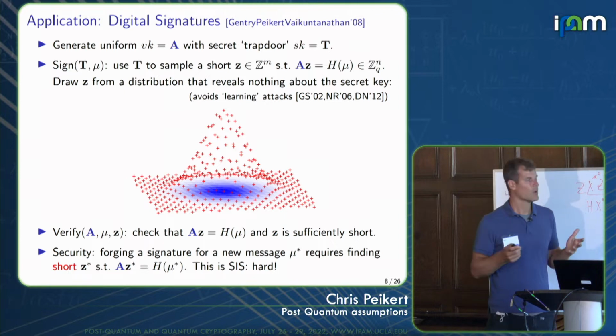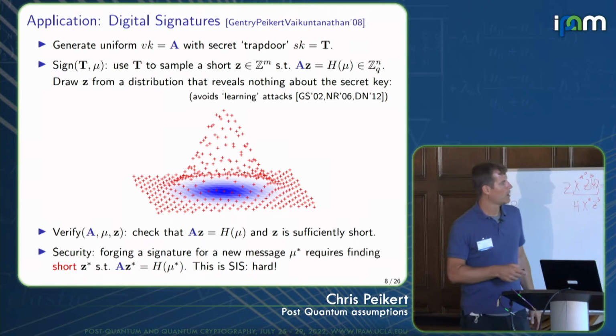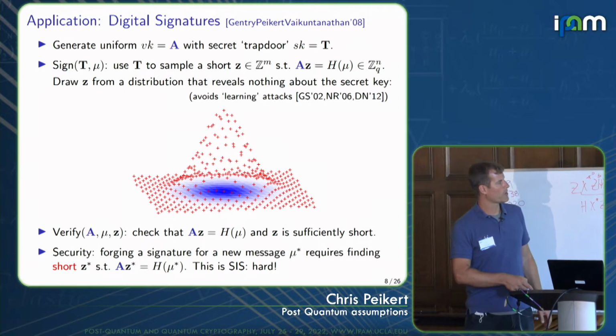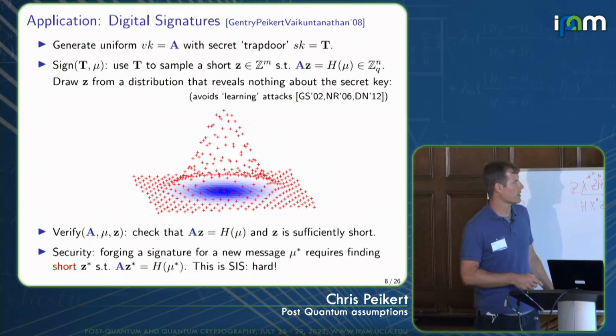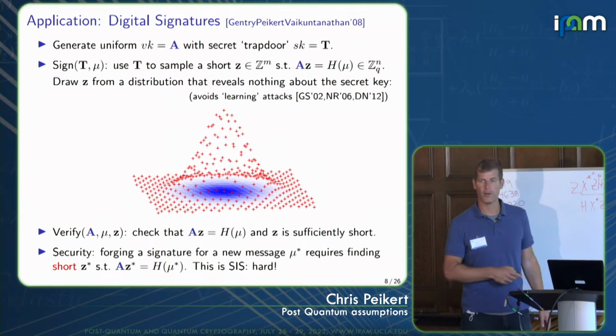Okay? So what do you have to do? Well, whatever your new message mu star is, you have to come up with some short z star such that A z star is the hash of mu star. Right? That's what's necessary. In order to forge, you have to trick the verifier into accepting.